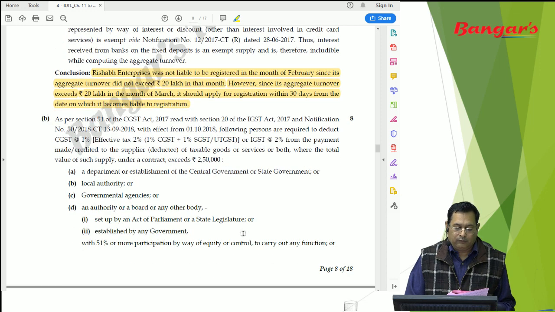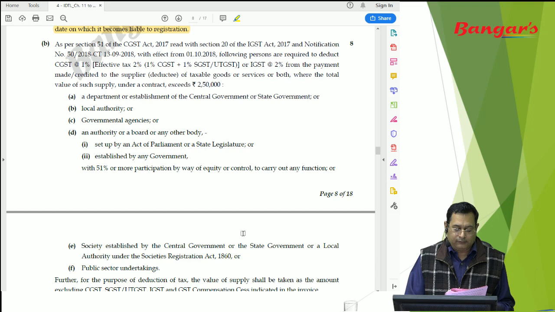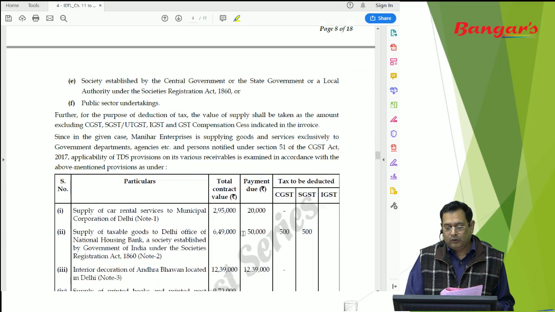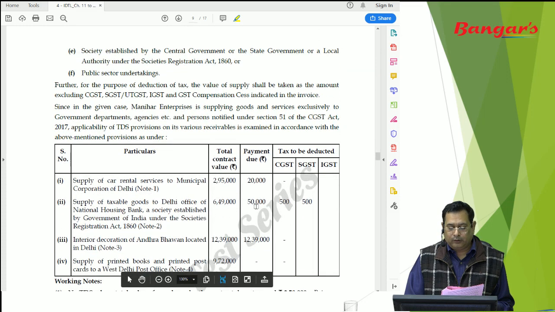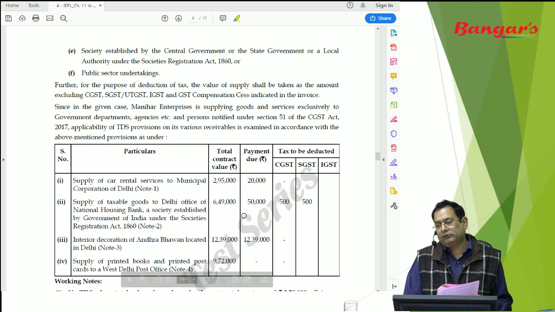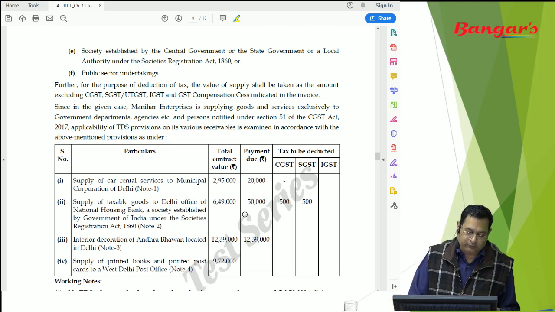So first of all, it is supply of car rentals to municipal corporation. 2,95,000 is the total contract value. So here, whether they are required to deduct tax at source, because the rate of tax is 18%. You must remember, if the contract value exceeds rupees 2,50,000, then only there will be a requirement of tax deduction at source.